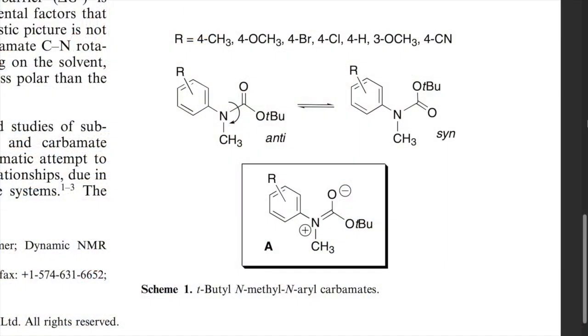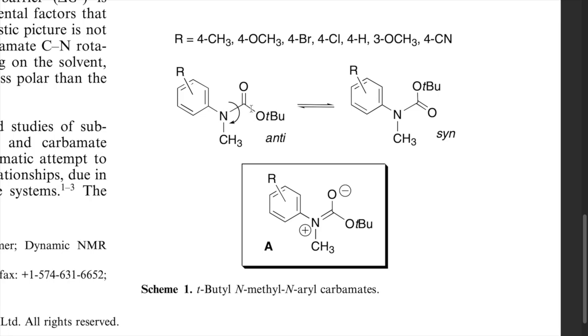Now, while this paper goes into great technical detail about this physical organic chemistry study that we've done, let me just break down basically what we're looking at. All right, so we're looking at this class of compounds called carbamates, and essentially we have a carbon-nitrogen bond here that you can rotate around.